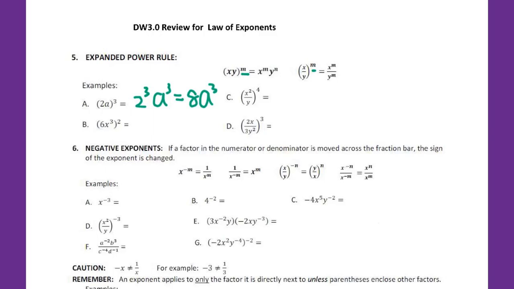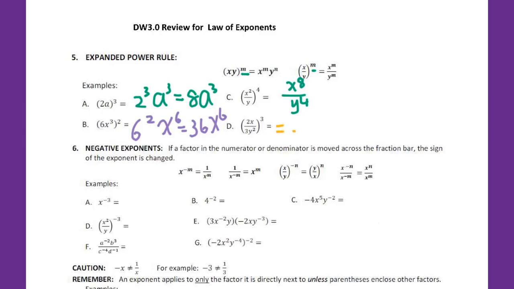For b, 6, you have to square. Then x, you have to multiply the exponents, that's the 6th power. So you got 36x to the 6th power. For c part, I got x to the 8th power, then y to the 4th power.